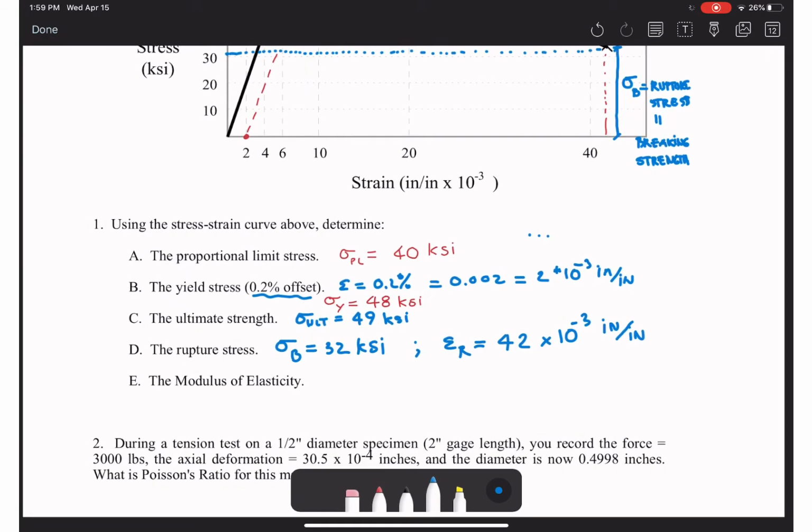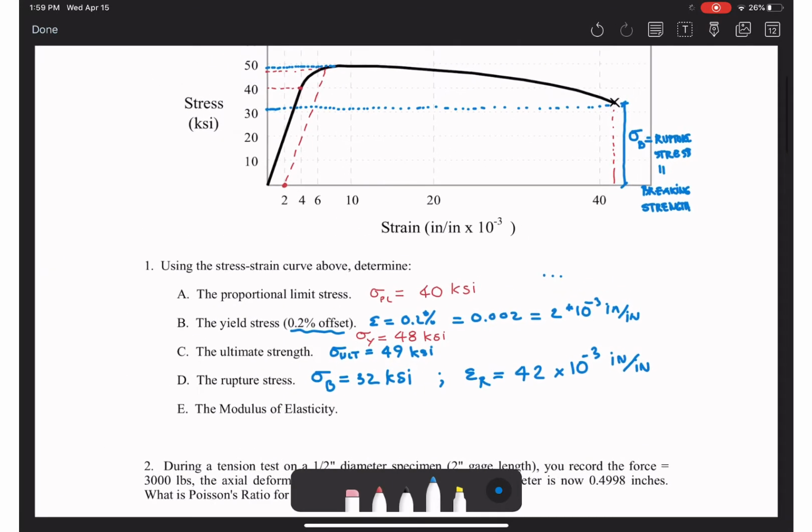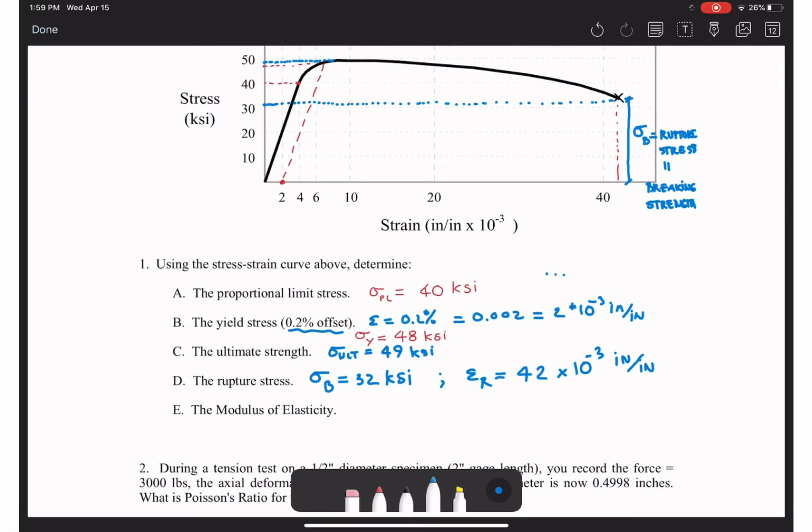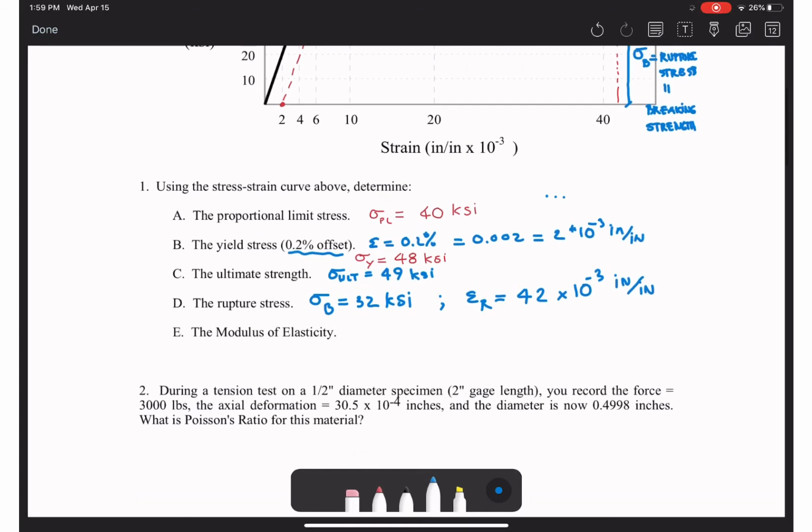Modulus of elasticity. In the elastic region, the ratio between the vertical and horizontal, so between the stress and strain, as you can see, E is basically equal to sigma over the associated corresponding strain.